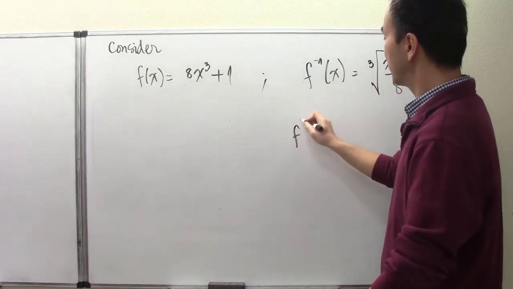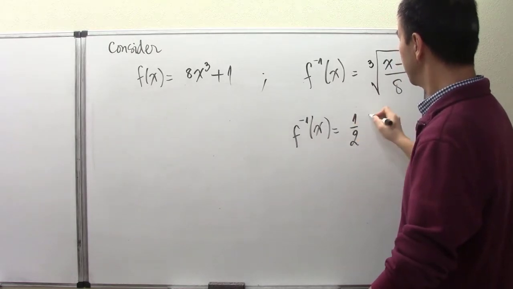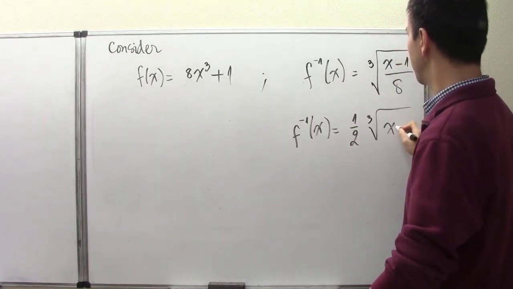Or indeed, we can write it as f inverse is 1/2 the cube root of x minus 1.